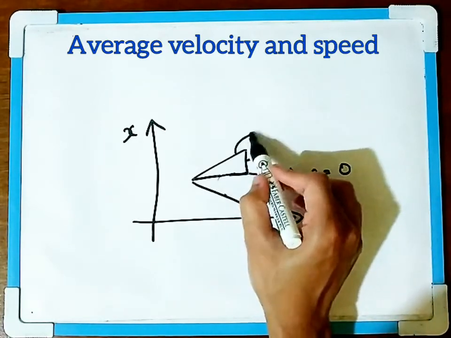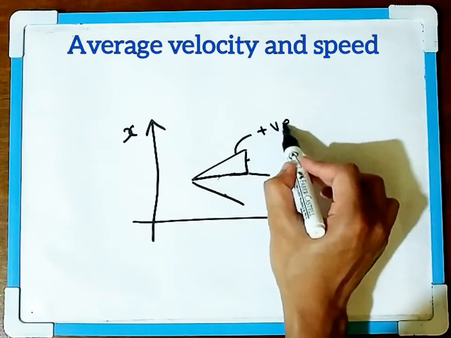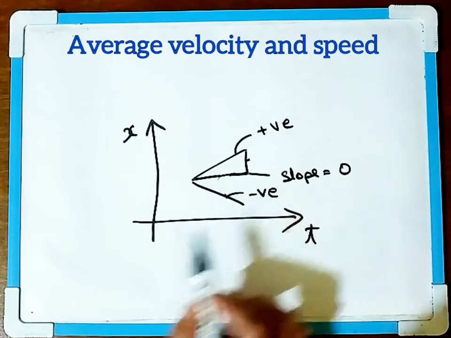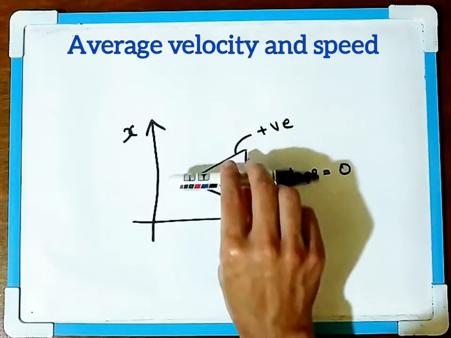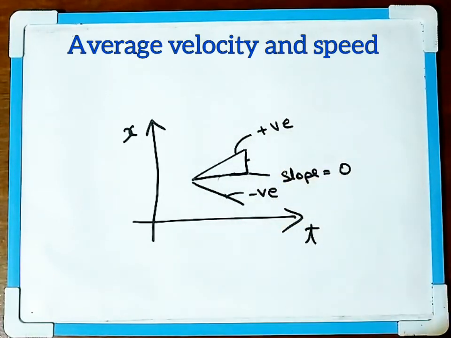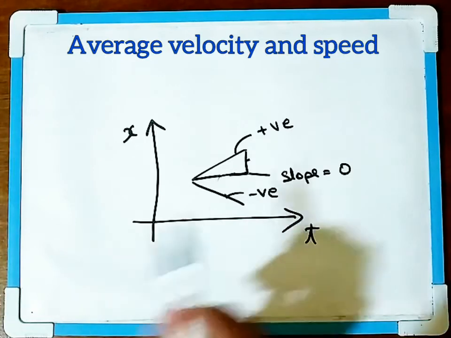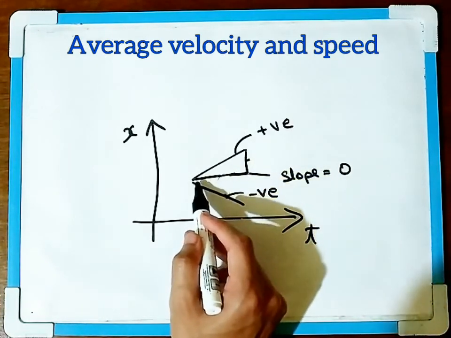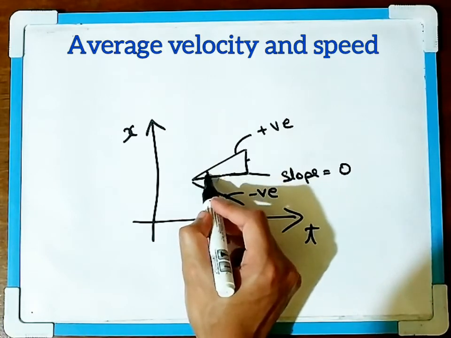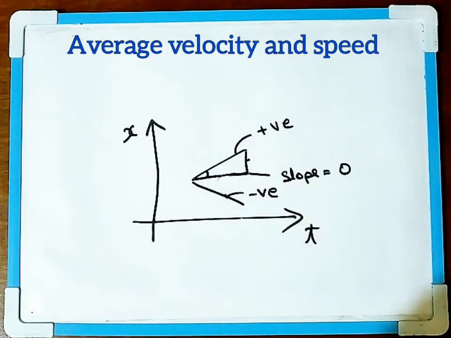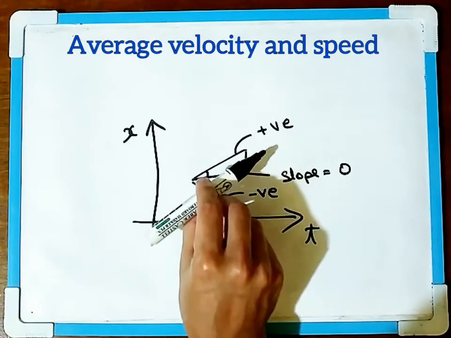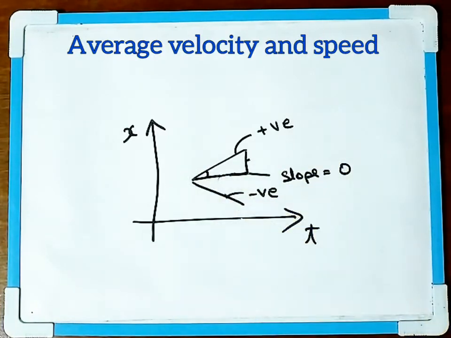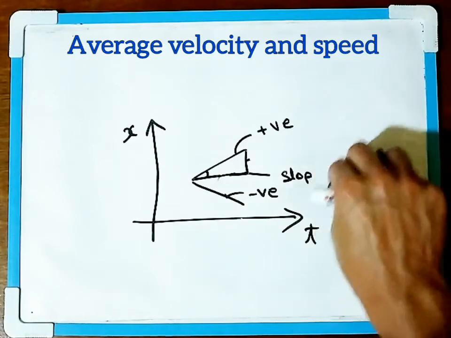For this line here, the slope is positive, and for this line here, the slope is negative. So this slope of the line, delta x by delta t, or we can say p by b, that is tan of this angle, is known as the slope of the line. So for this line it's positive, here it's 0, and for this line it's negative. So you need to remember this concept.